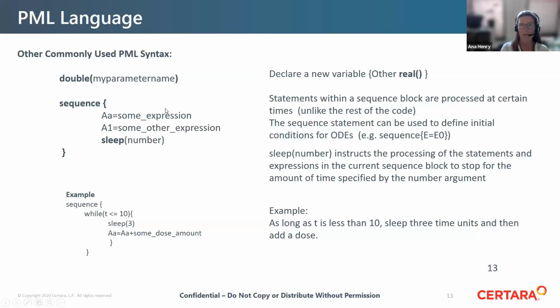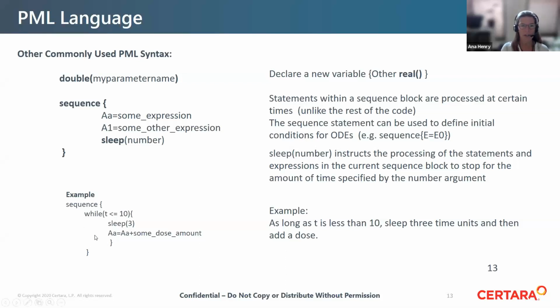It can be used to define initial conditions of your ordinary differential equation. So, for example, if you type that this effect is equal to some type of baseline effect, you can do that in the sequence statement. Or you can have other expressions. One that is very useful is the sleep statement, because it is instructing the engine to sleep for an amount of time.